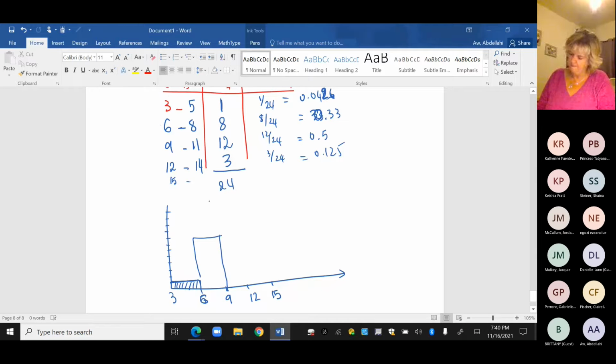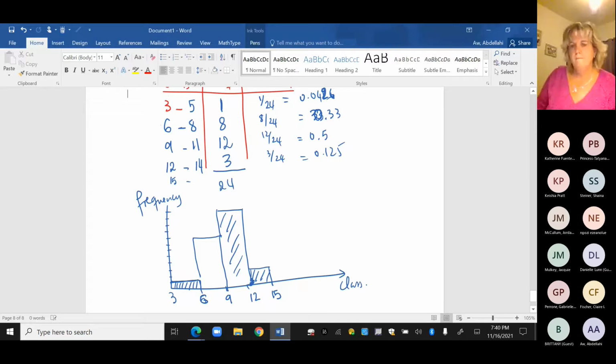The next class is 12, all the way. And the next class is 3. This is frequencies. And we put here frequency, and that is the class. All right?